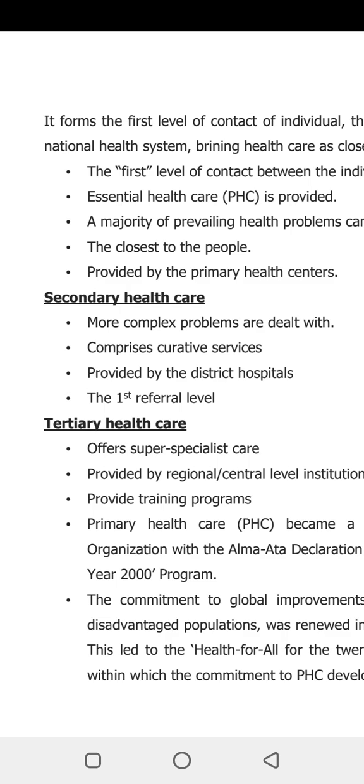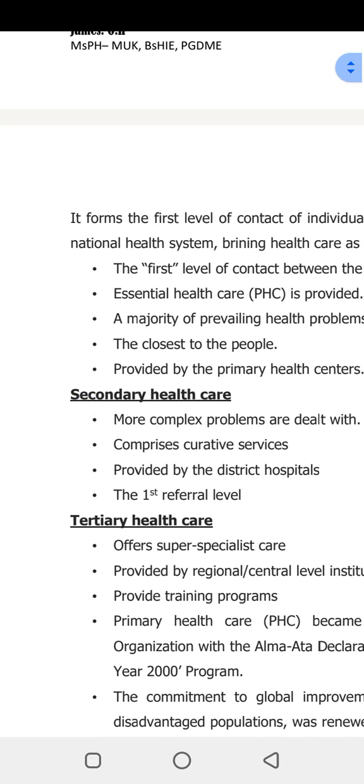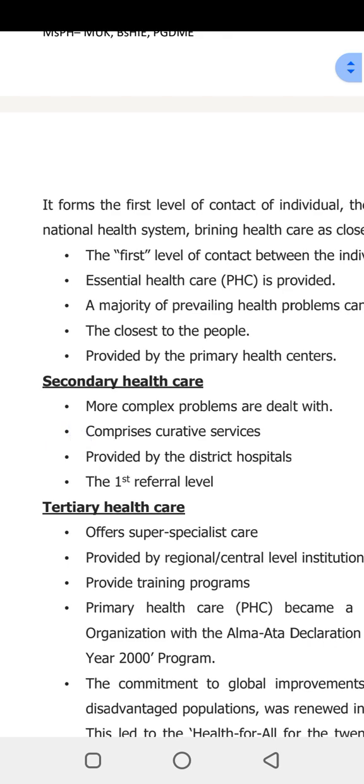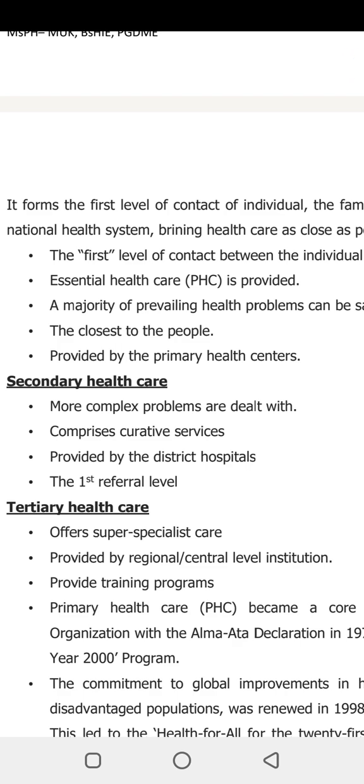Now we go to the next level, which is the secondary level. Under secondary health care, more complex problems are dealt with.